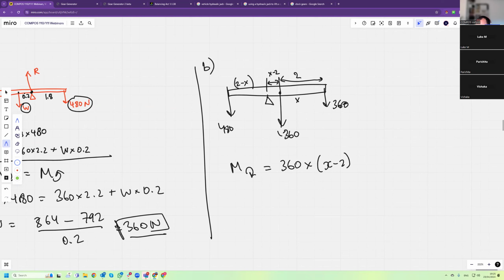That's the moment of the plank, plus the moment of Jill, so this is 360 times X. And the anti-clockwise moment is the moment of Jack.